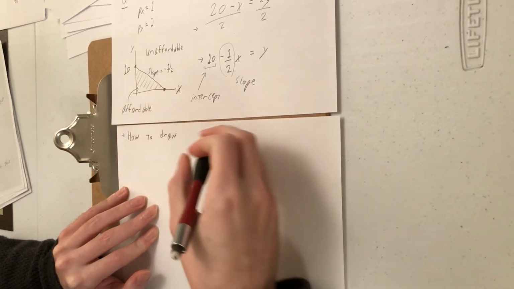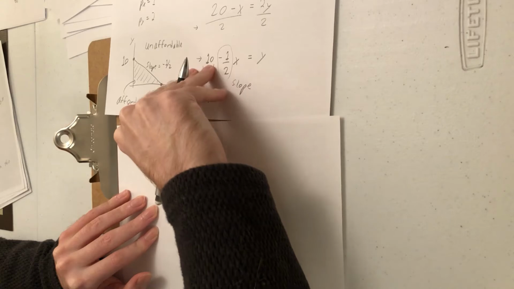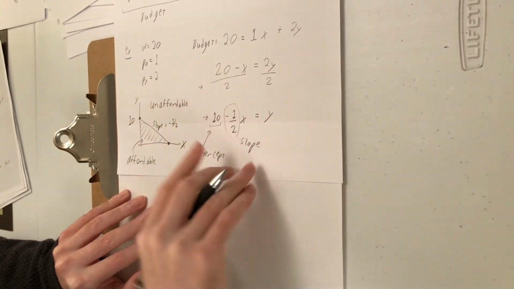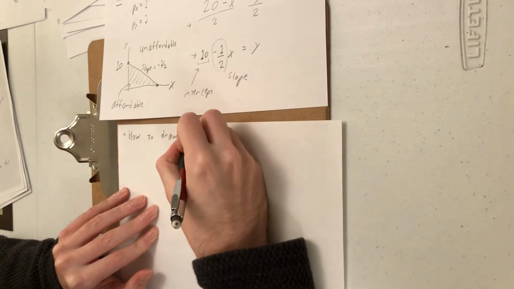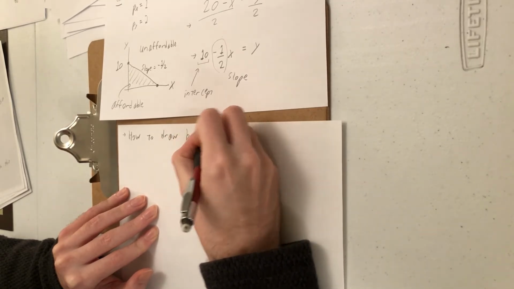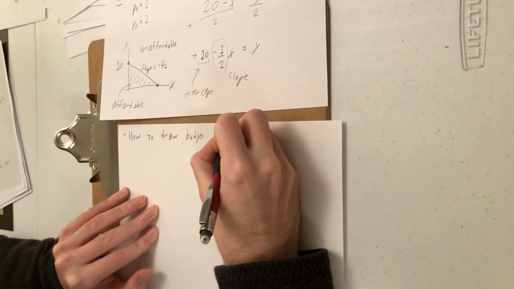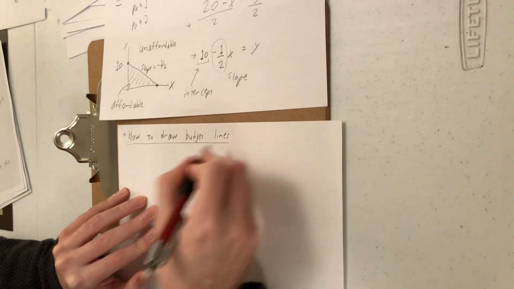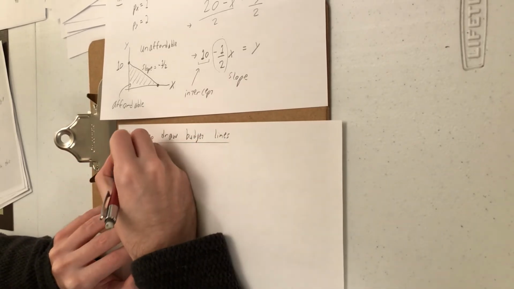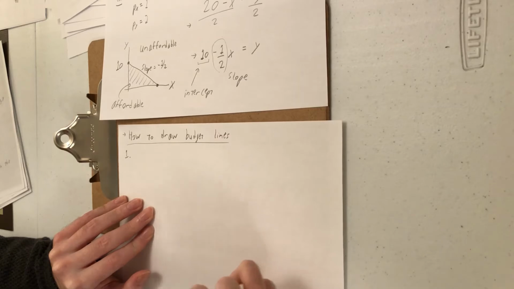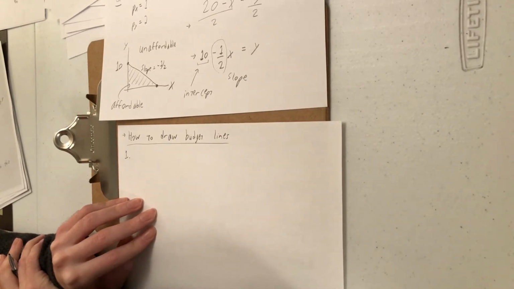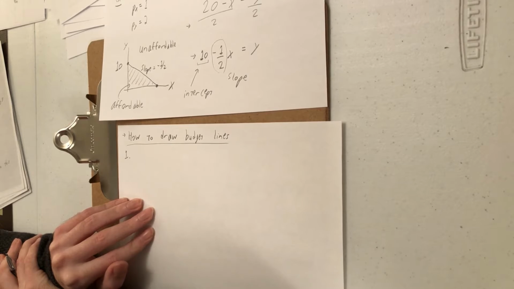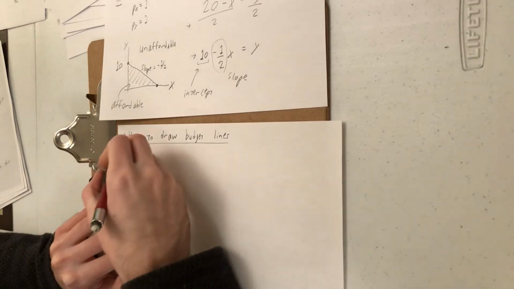There's a shortcut you can do without having to do this rearranging here. So let me show you the shortcut. So first step, you ask yourself, if I spent all my money on X, how many units could I buy?